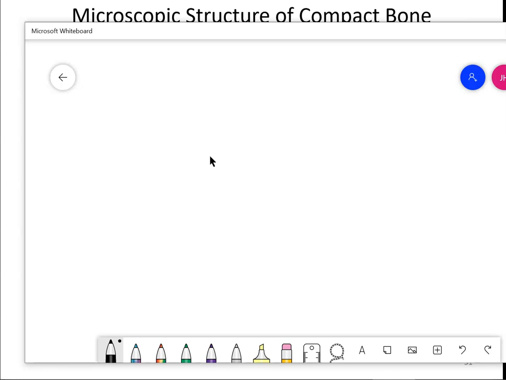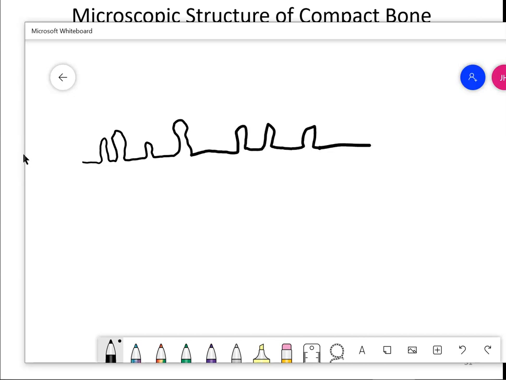So if this is a lamella, it has spaces like that in it. I'm drawing a lamella with these spaces, and it would be kind of thick, and it would have other ones on that side, and they're kind of random.